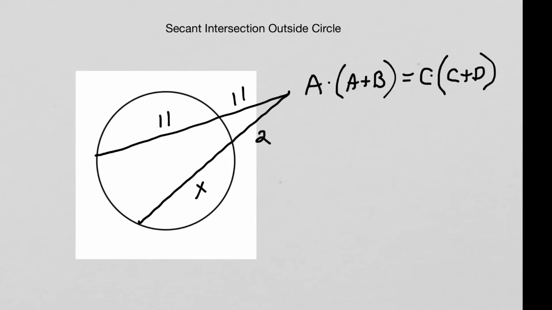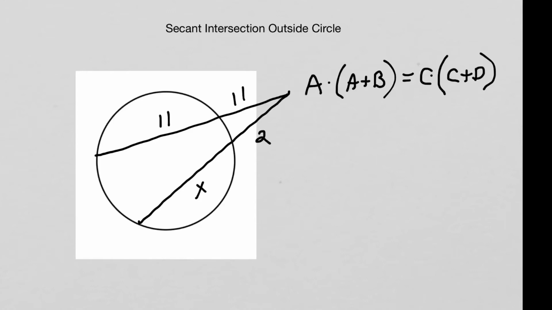So here we've got a circle cut up by a couple secants. The top secant is broken into parts where the circle divides it into pieces of 11 and 11, and the bottom one is x and 2. They want us to solve for x. We're going to use the top drawing for our a's and b's.